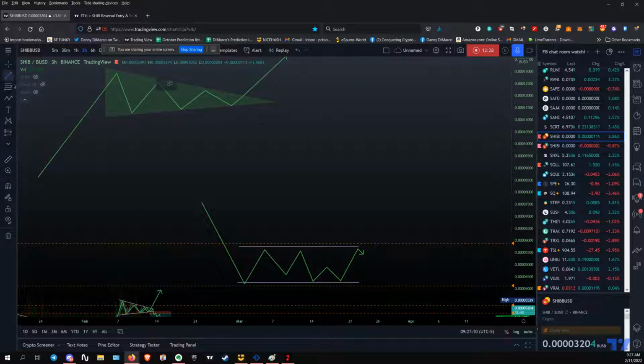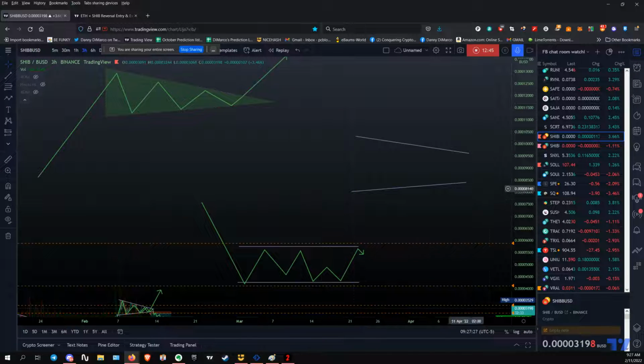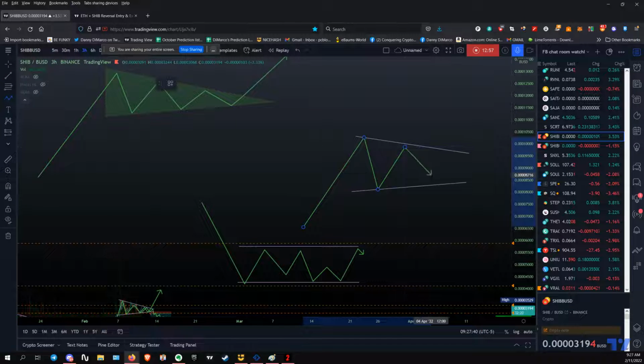So, the middle version is called a wedge. A wedge is halfway in between a horizontal parallel channel and a triangle. So it's a triangle that isn't closed yet, or it's a parallel horizontal channel that isn't fully open yet, however you want to see it. And again, let's say price comes from this direction, it starts to form.